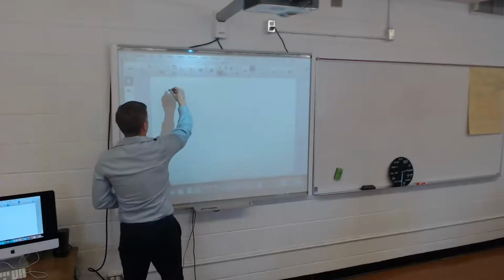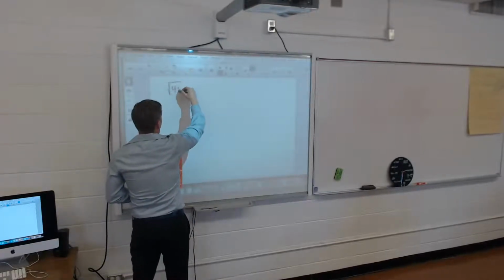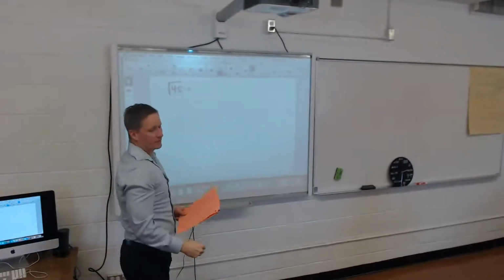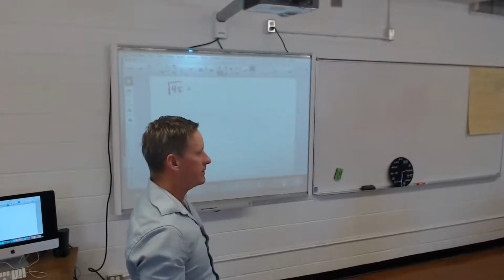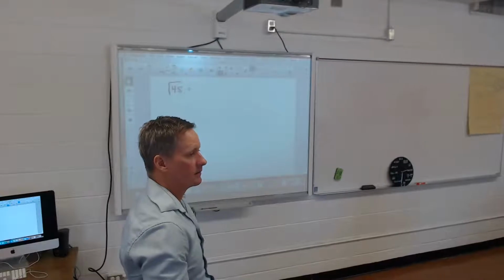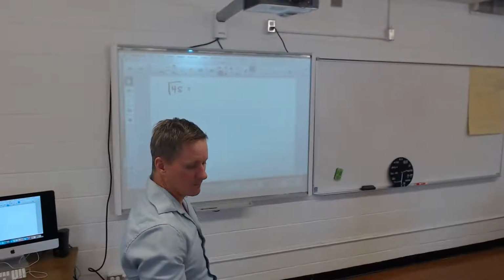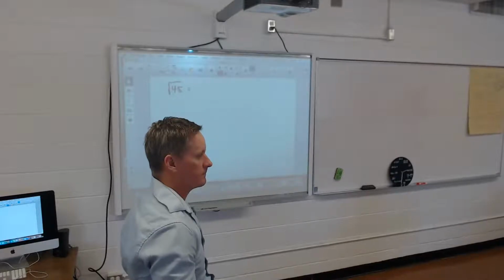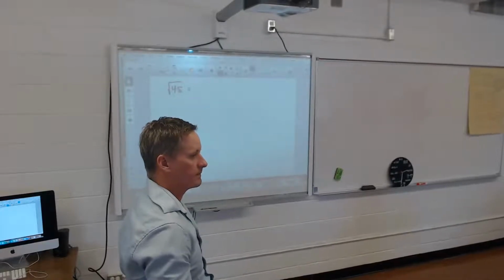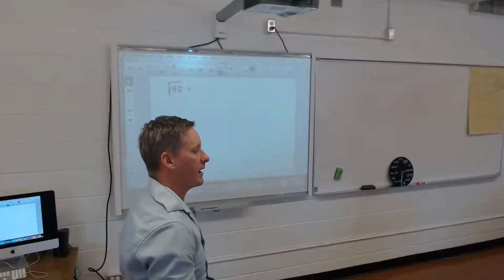All right, need to change root 45 into a mixed radical. So what am I looking for here? How do I change it to a mixed radical?